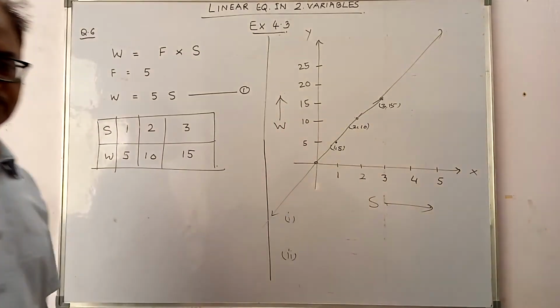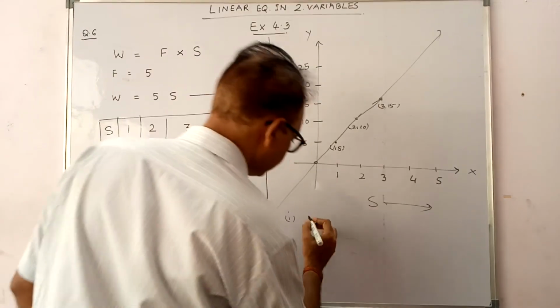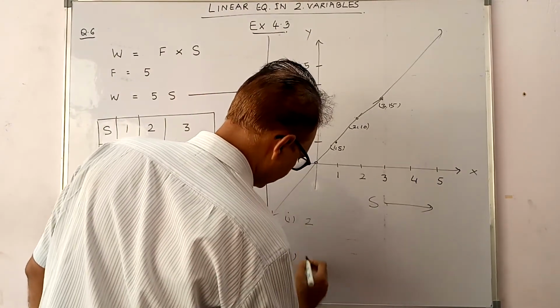The question says that from the graph, find the work done when the distance travelled by the body is 2 units and 0 units. That is, first is 2 units and second is 0 units.